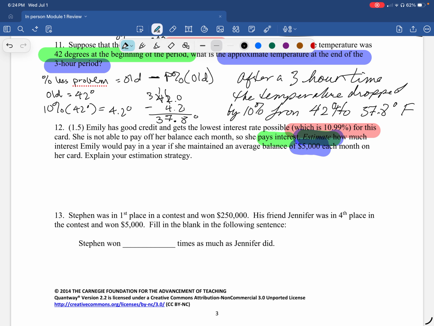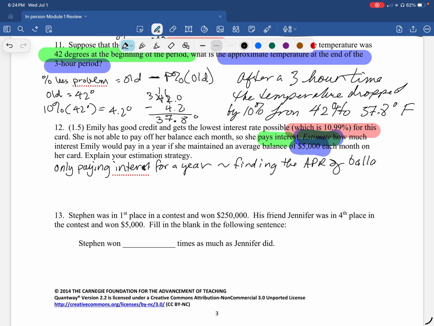So only paying interest for a year is like finding the APR of the balance. So that's one way to do it.